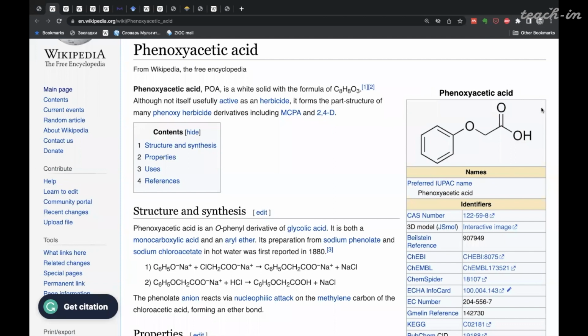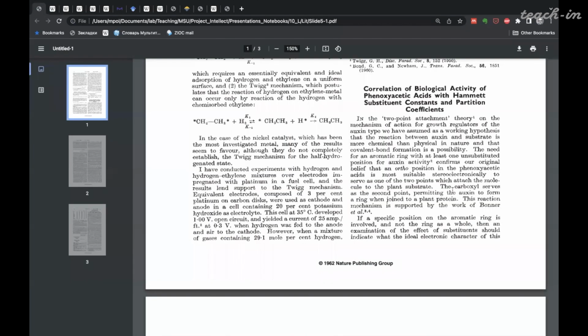This is the molecule of unsubstituted phenoxyacetic acid, and we can introduce some substituents in various positions of the phenyl ring.